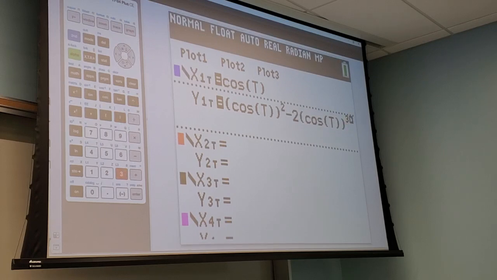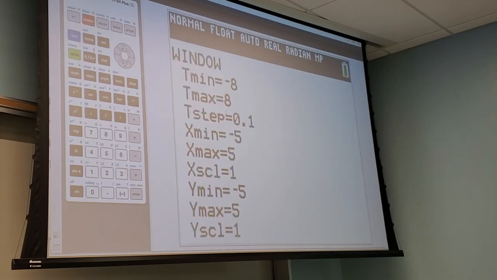Okay, let's see what we get. Let me make sure my t window, let's make t go from, sure, -8 to 8, why not? So let's see what I get if I graph this.